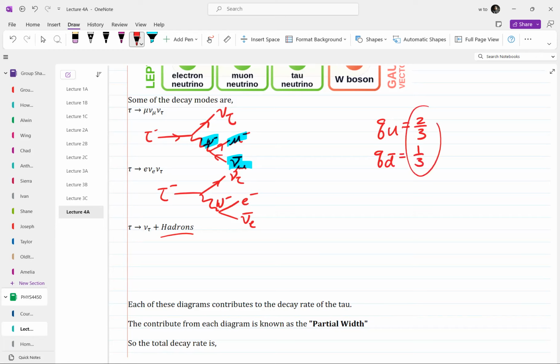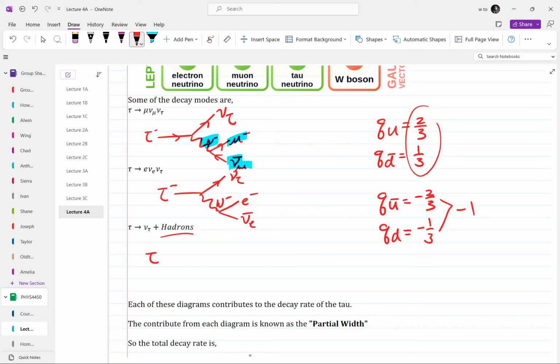Since we're dealing with the W minus, we probably want the anti-up, which has a -2/3 charge. And then the down without the bar has also a -1/3 charge. So this adds up to -1 as a charge, right? So the W could decay into this because it can still conserve charge, if it decays into an anti-up and a down quark, okay?